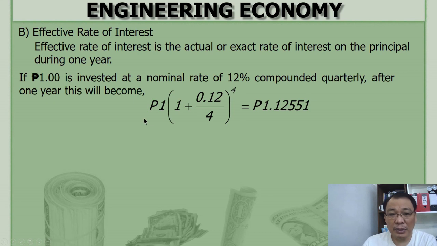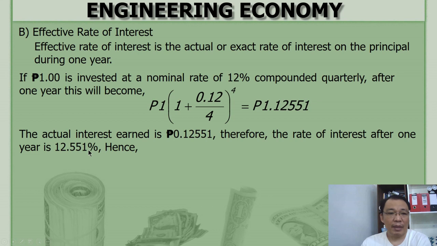So your peso becomes 1.12551. So it earned interest of 0.12551 pesos.